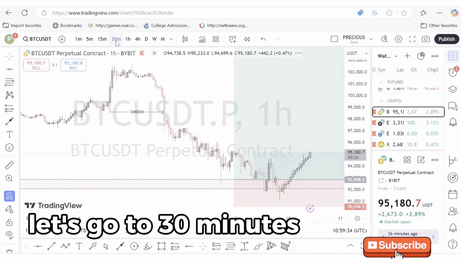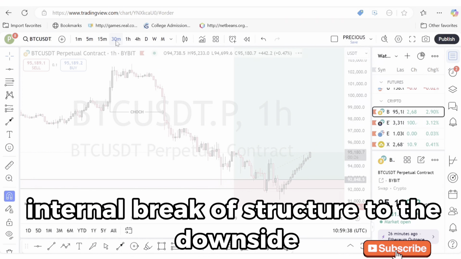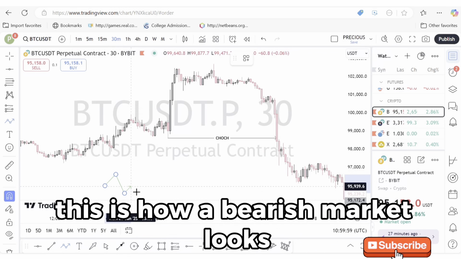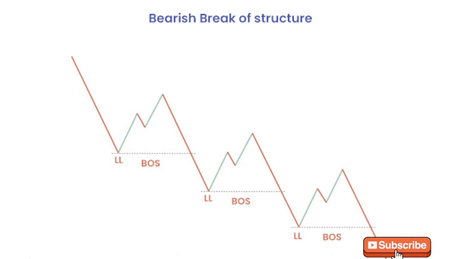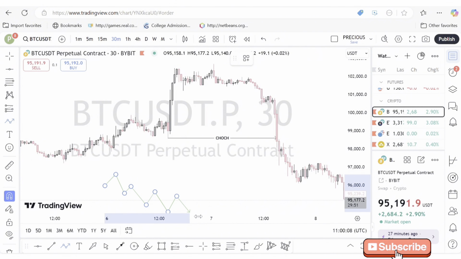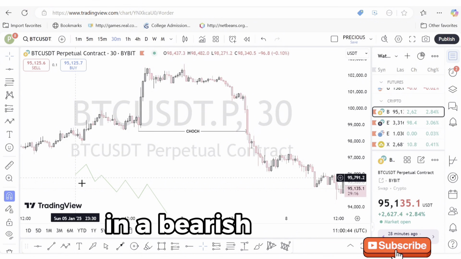Let's go to 30 minutes time frame so we can mark out internal break of structure to the downside. So this is how a bearish market looks. We have a break of structures to the downside in a bearish market.